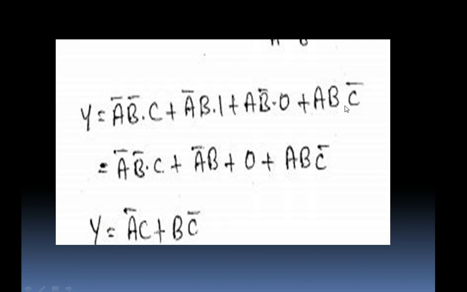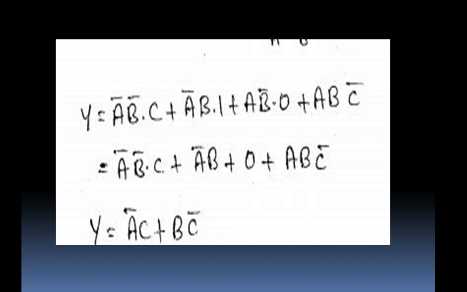value is C bar. So here we need to solve A bar B bar into C, A bar B, and A B bar multiplied with 0 means the value is 0, and A B C bar. So from the first two terms we are taking A bar C as common.